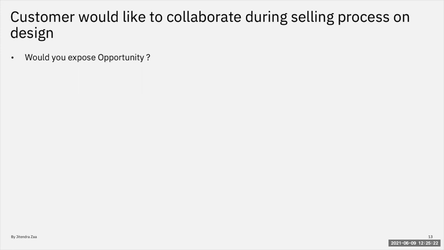So the question is, during the selling process, they have to collaborate. Would you expose an opportunity so that they can collaborate? Anyone, any thought process? I will not, because if I expose opportunity, that means I have to change my licensing to partner community.